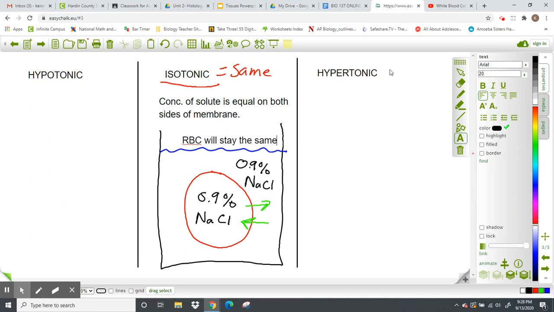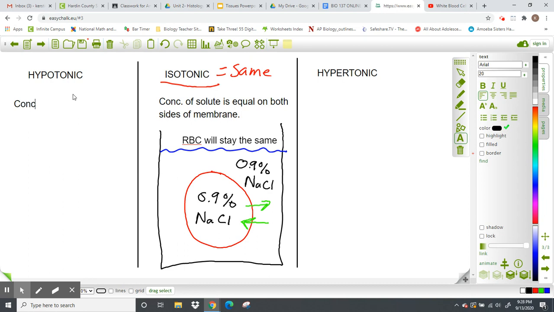All right, so let's move over here to the hypotonic, okay? In a hypotonic solution, okay, the solution is going to have a lower concentration of solute than the cell itself, okay?